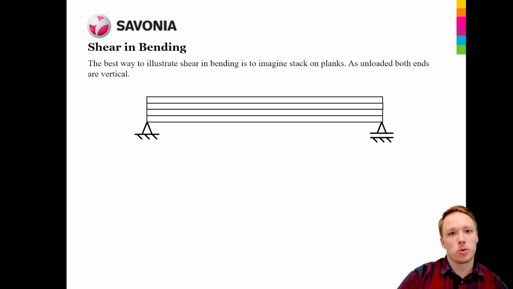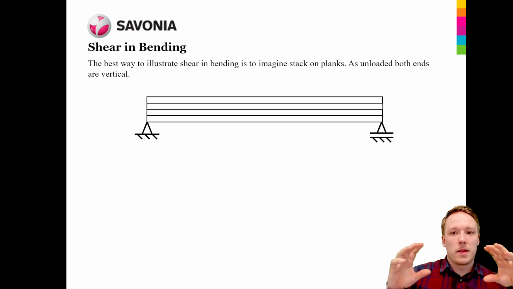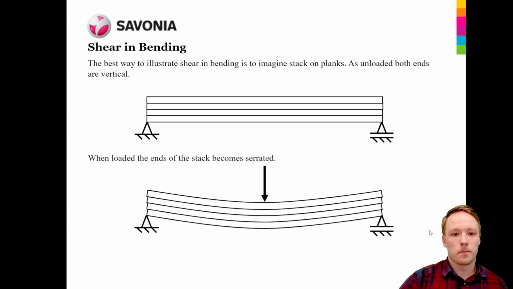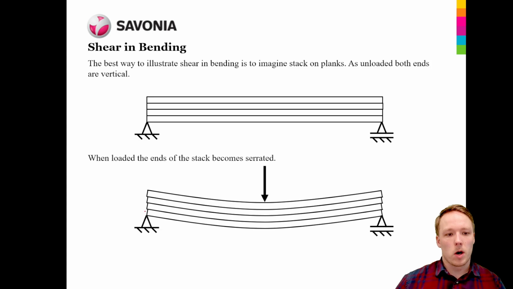The best way to show how this happens is to imagine that you have a stack of wooden beam planks and they have been stacked on each other. And when we bend that stack of wood, what happens is that the wood ends want to serrate like this.